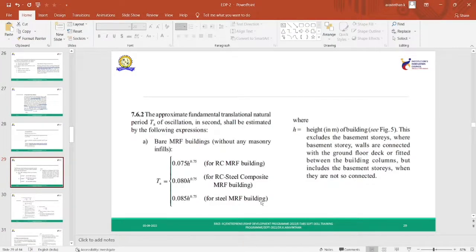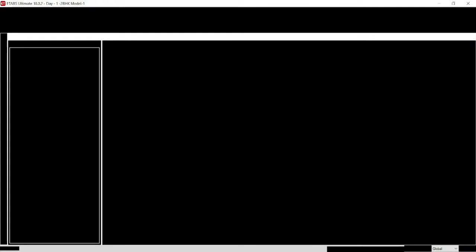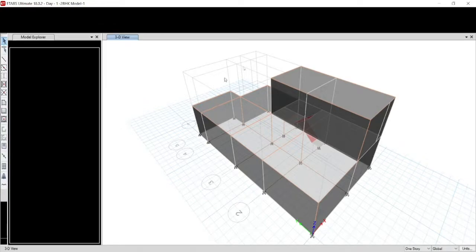Okay. Now, how to find the fundamental natural frequency of a building without even analyzing. So, the code 7.6.2 gives a guideline for a bare moment resisting frame without any masonry infills, whatever we are doing now. So, this is our model. So, currently you can look at this model. Yes, this is our model. You don't have any infill walls.